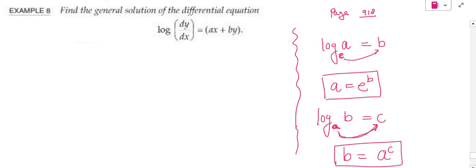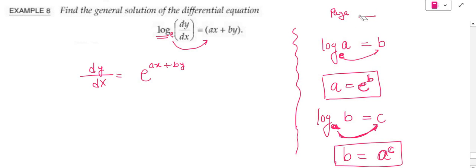Here it was base e, so it became e raised to power b. Here it was base a, so it became a raised to power c. So here I don't want this log. So here what was the base? e, so e will go to the other side. So this will become dy by dx is equal to e raised to power ax plus by.